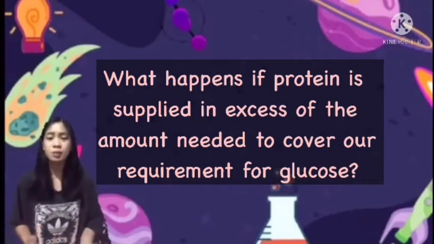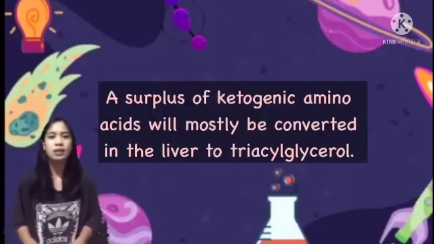Presumably, much of the carbon is still initially converted to glucose, which is then either stored as glycogen or released into the circulation. In the latter case, the surplus will mostly be converted to fat in adipose tissue. A surplus of ketogenic amino acids will mostly be converted in the liver to triacylglycerol.